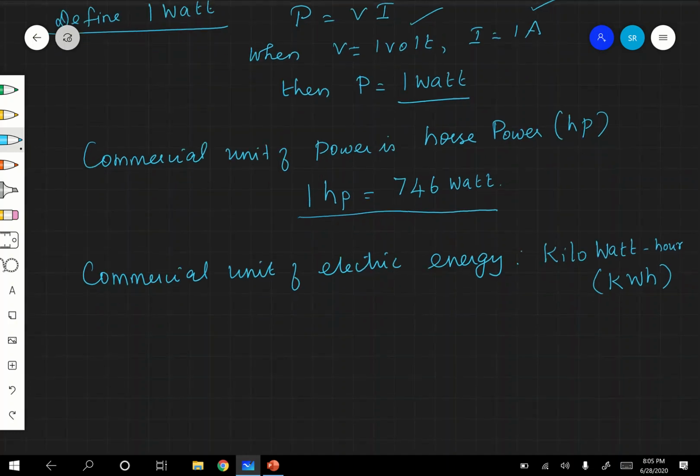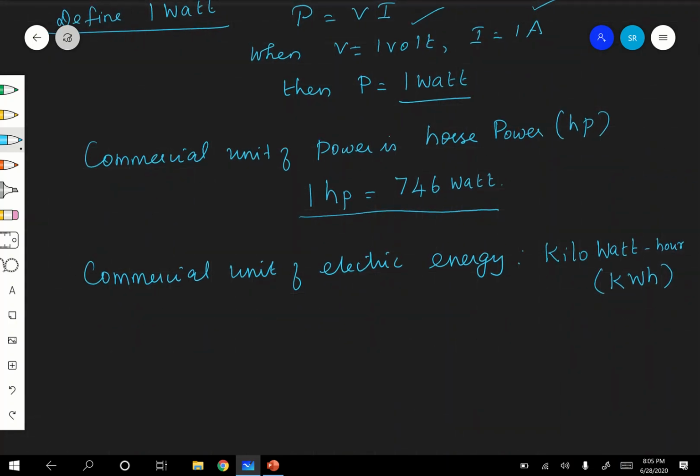Now, one more thing I want to tell you. So far we have seen the power of an electric circuit. I'll come back to kilowatt hour afterwards because one more thing is required here. Now the power of an electric device or electric appliance.